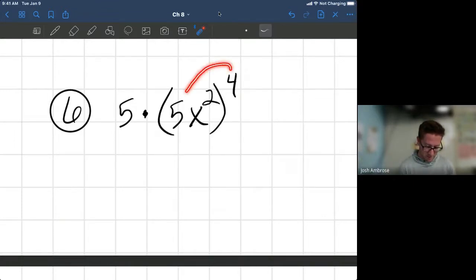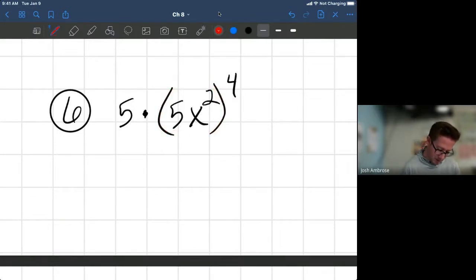So the 4 is going to go to the 5 and the 2. This 5 on the outside, we're going to deal with that at the end. He's kind of connected but separated just enough that we don't need to deal with him in regards to that exponent. This exponent only goes to what it's connected to in the parentheses.